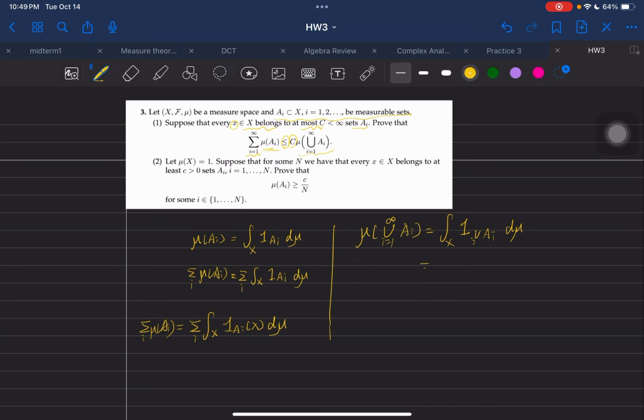Yeah, maybe we can write it in this way, which is conceptually clearer to me. We know clearly that the function input would be x, and this one just tells us if x belongs to the union of the AI.